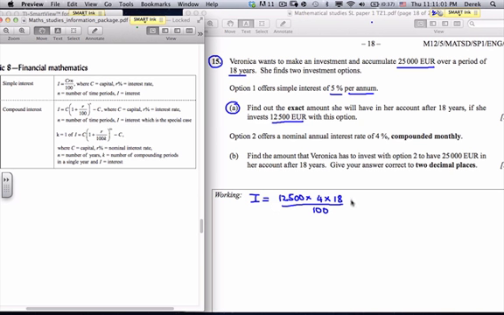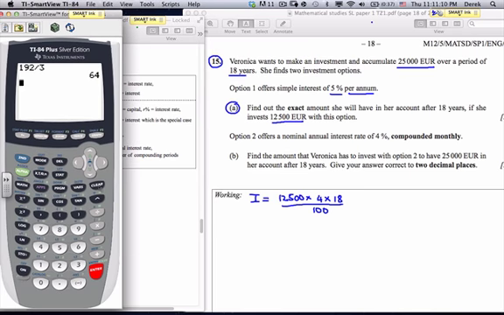So the amount that she's going to have at the end would be obviously this plus the initial amount. So let's just do that in our calculators here. We're going to get 12500 times 4 times 18 divided by 100, enter.